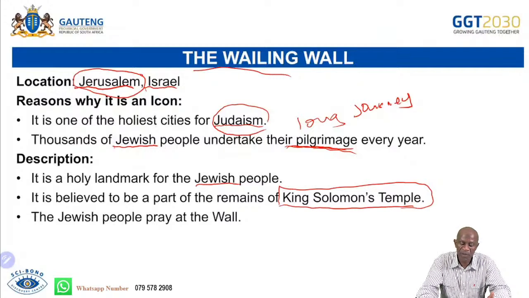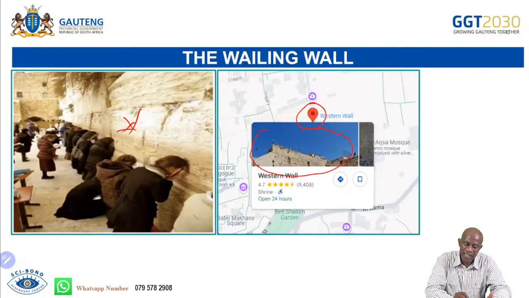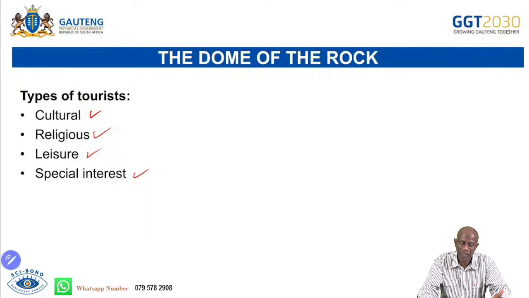The Jewish people pray at the wall. As you can see from the picture, they are kneeling and praying on this Wailing Wall, which we say is the remains of the temple of King Solomon.